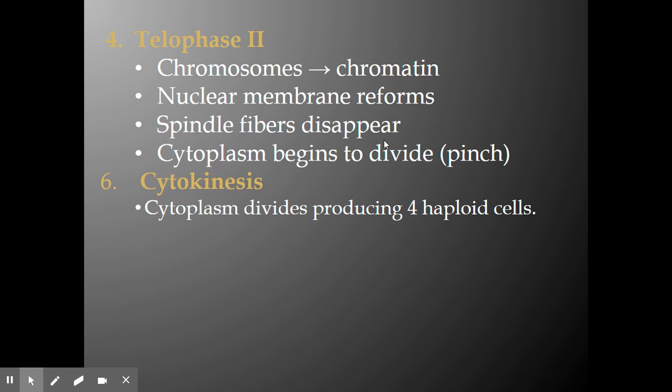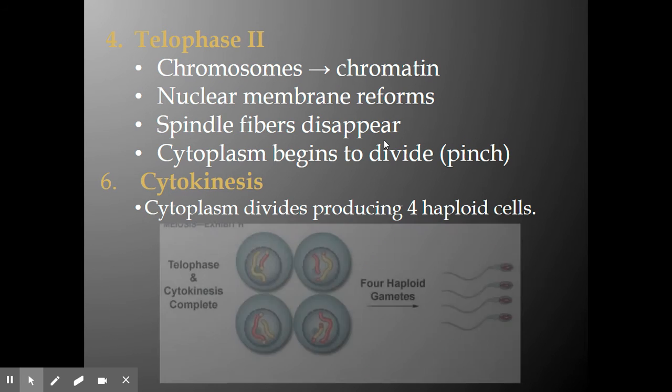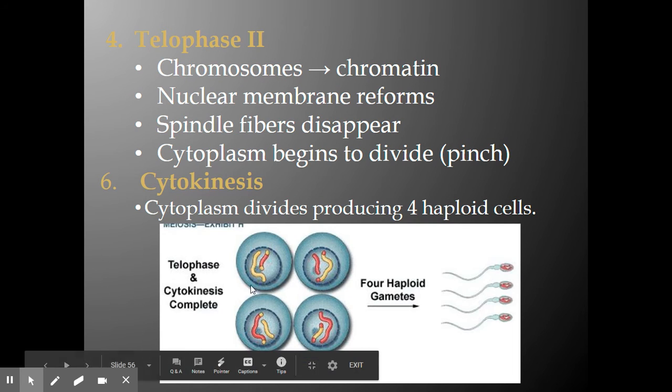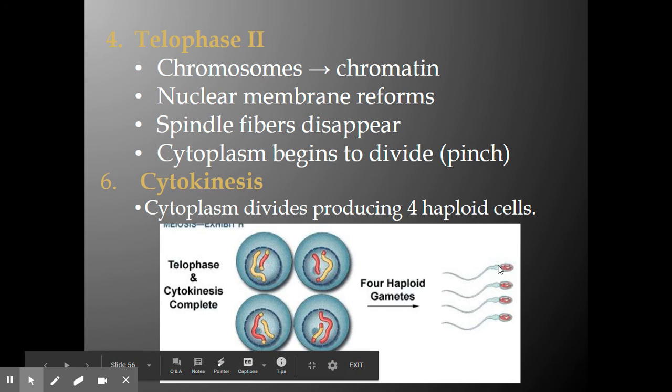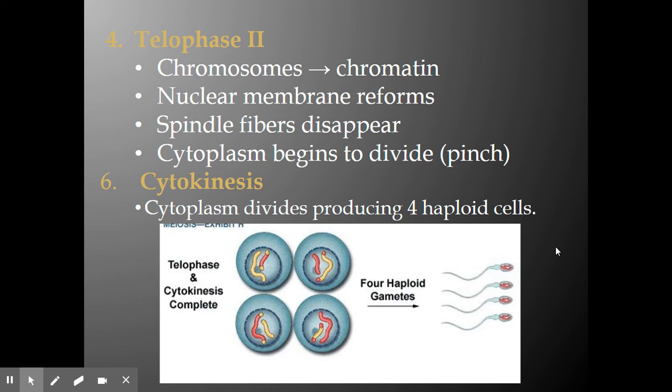Each of those two that are pulled apart then become 4 haploid cells. Okay? These go on to be either sperm or eggs. Okay? And that's all there is to meiosis.